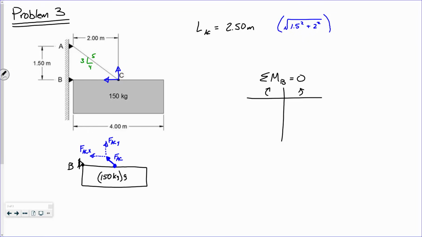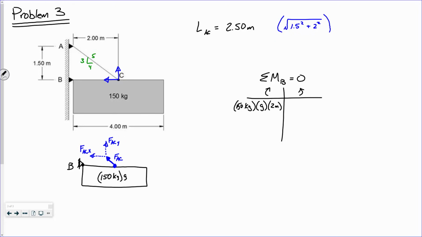Now, if this is point B, here's the sign spinning like this, right? In other words, if that cable is gone, that sign would just sort of go like that. So we've got 150 kilograms times G times 2 meters, assuming that's right through the center of that sign.